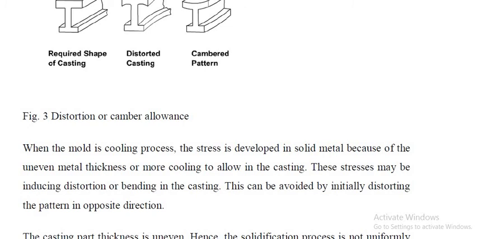We can avoid this distortion if we distort the pattern in the opposite direction. So that means it is balanced: when we make bending on the opposite side, this bending will balance the bending formed during the stress formation.